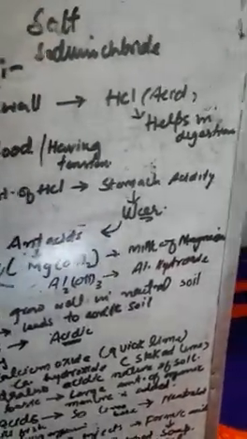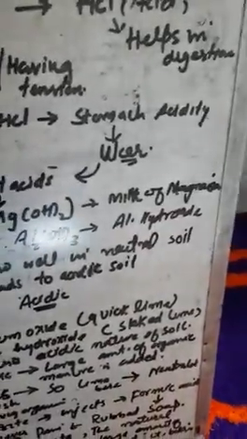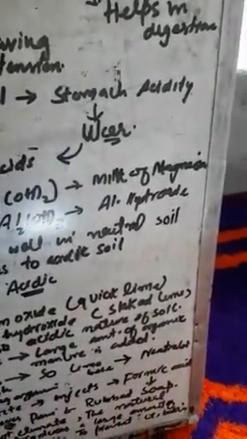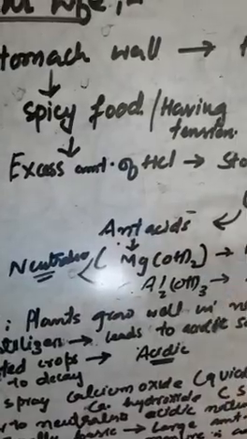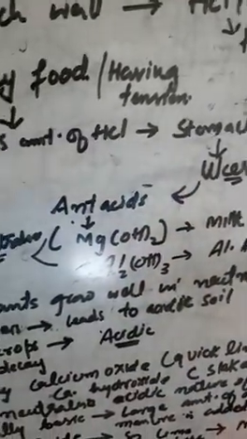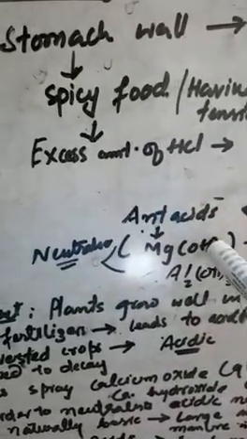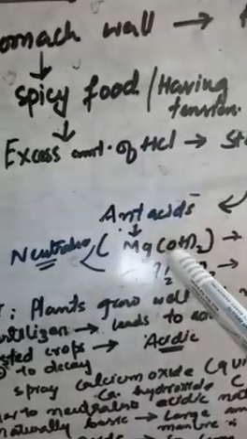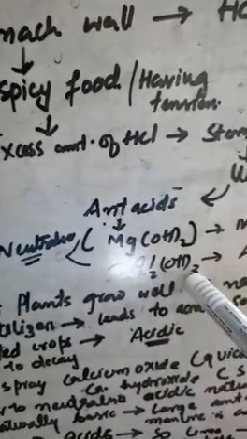So to reduce the effect of this hydrochloric acid, or to control the stomach acidity, doctors give the patient an antacid, which contains magnesium hydroxide, also known as milk of magnesia, and aluminum hydroxide. These two are bases. Magnesium hydroxide is a base, and aluminum hydroxide is also a base.